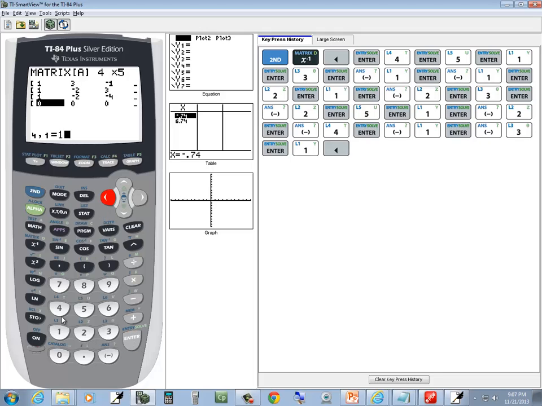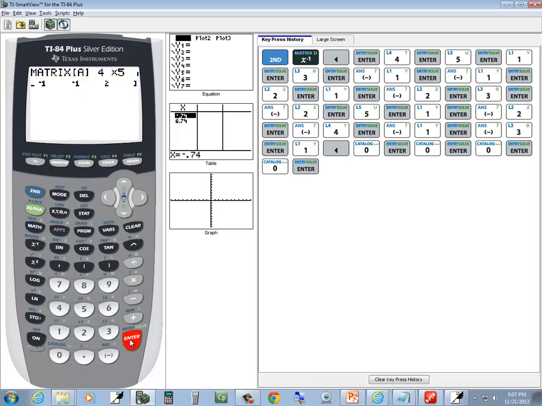Oops, that's not right. 0, 0, 0, 0. Okay, let's check all our signs.